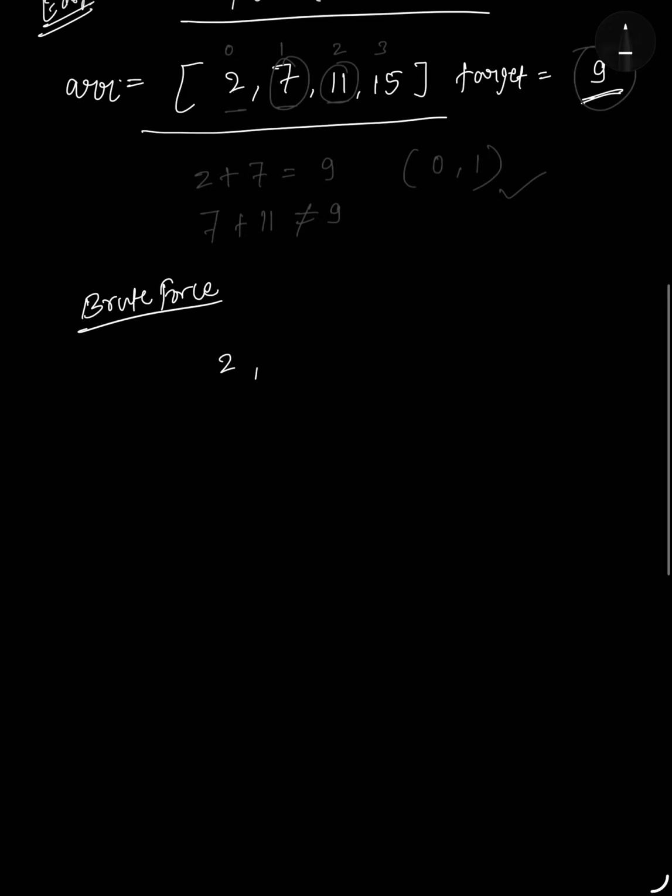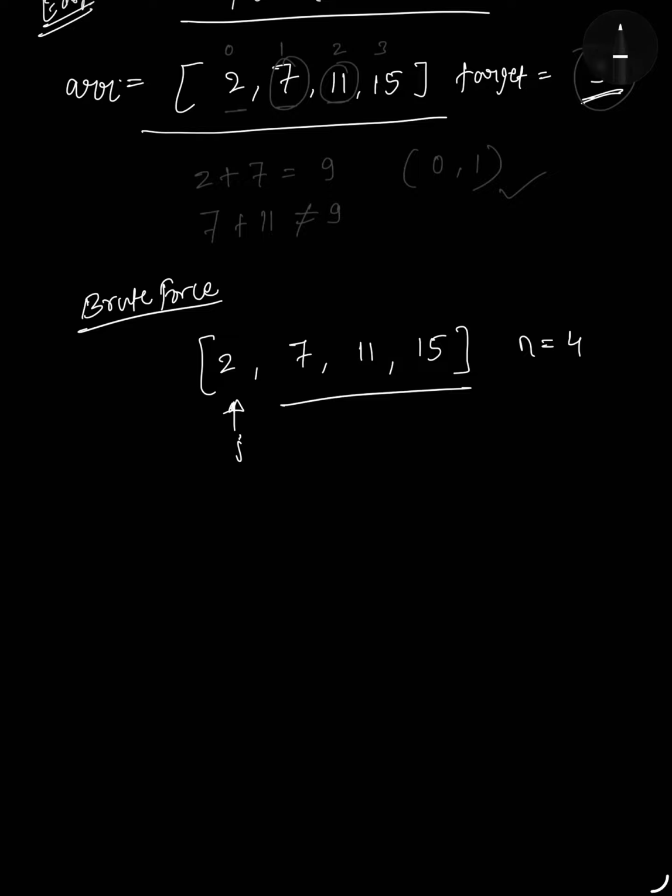For example, if I have 2 7 11 15, I can start a pointer here, i, and then check all the positions after it till the last position, n minus 1. Because here n is 4, so the indexes of the elements are 0 1 2 3, which is nothing but n minus 1, right?